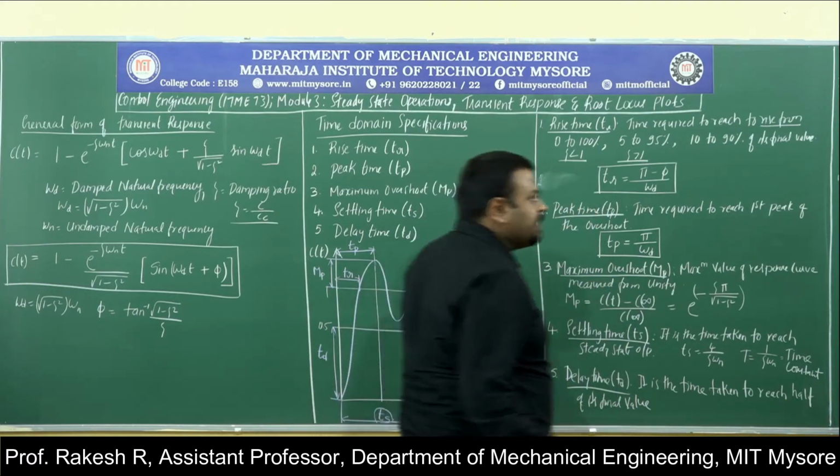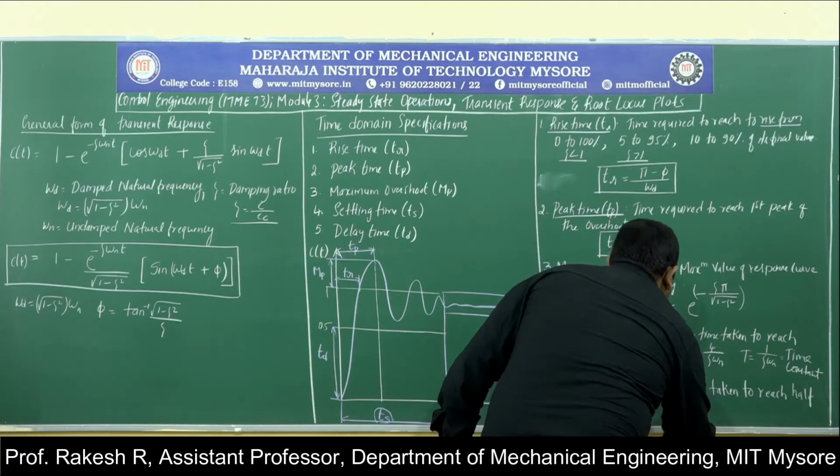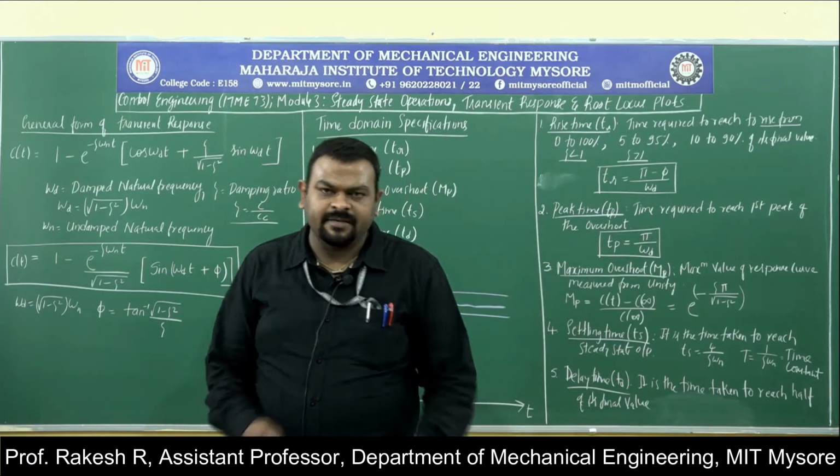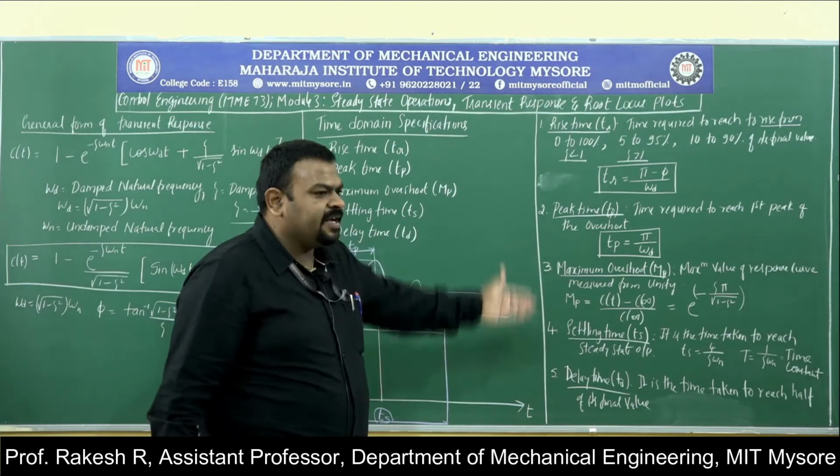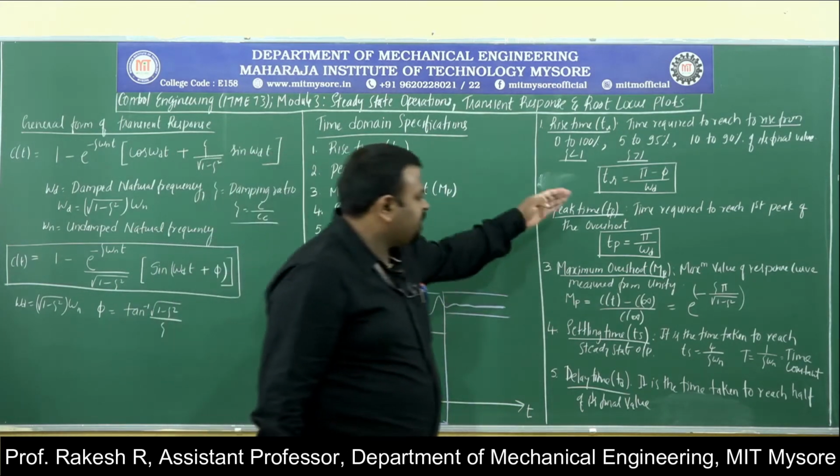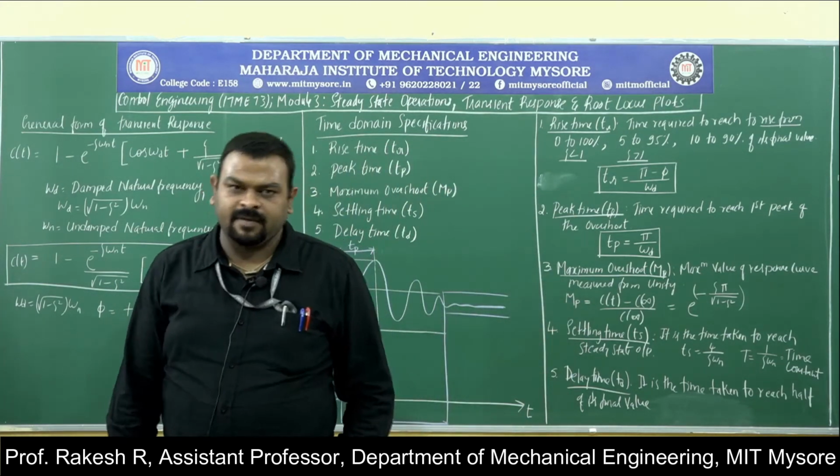So delay time is denoted by TD. There is no such expression for delay time. In the syllabus, you don't have a derivation for this. You just have to remember the formula and solve the problem.